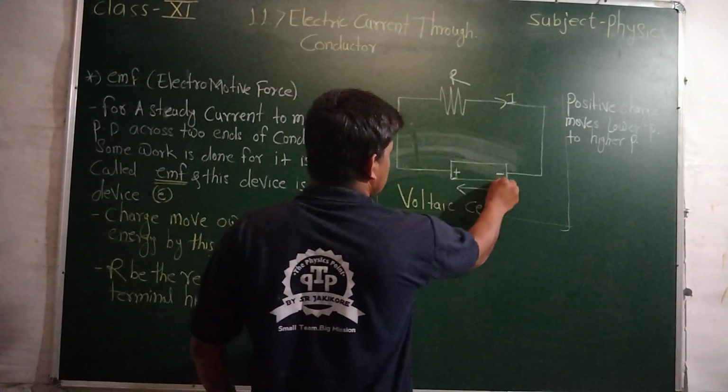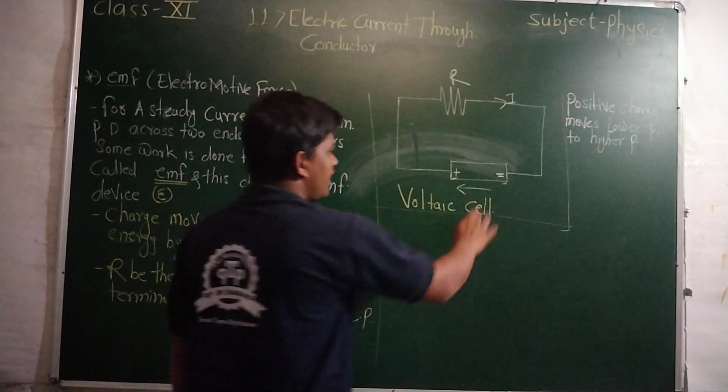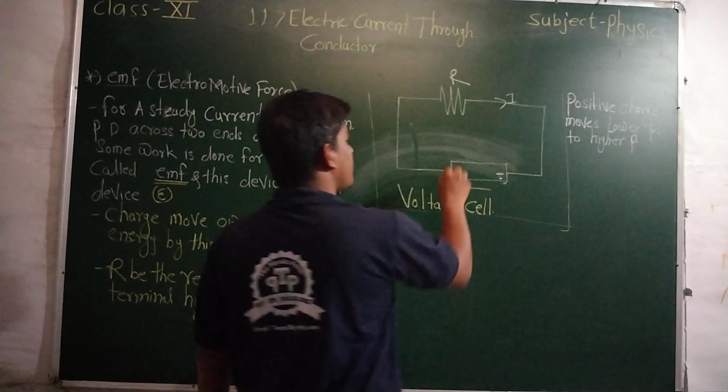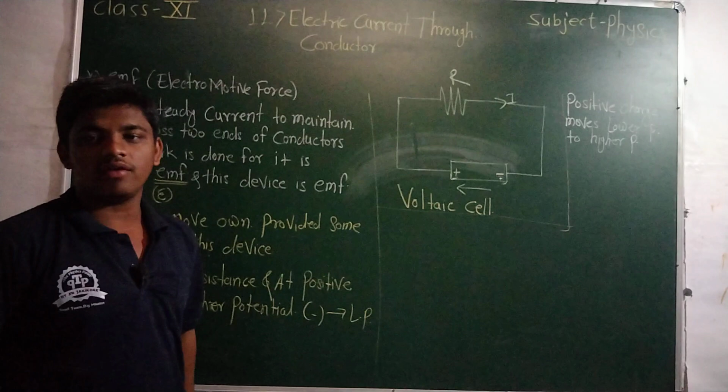This is the positive terminal, this is the negative terminal. So positive charges move from lower potential to higher potential inside the EMF device.